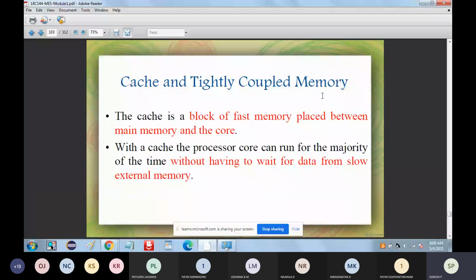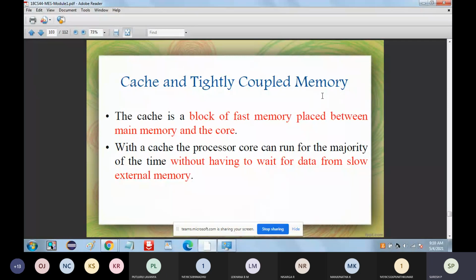If you take the memory hierarchy, the processor first looks into the cache. The cache is a block of fast memory between your main memory and the core. Main memory is nothing but your RAM, that is random access memory. So first the processor looks into the cache to see whether the instruction it has to run is placed inside the cache or not.